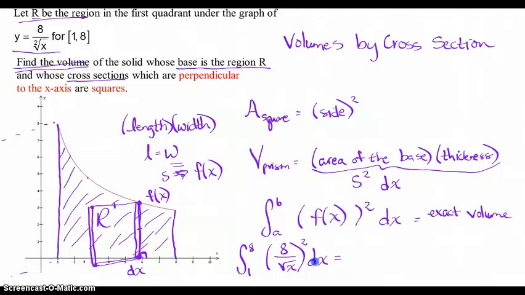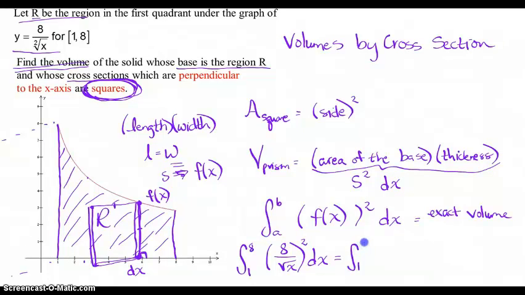As far as volumes go using the definite integral, cross-sections are the easiest ones. There's no big R's and little r's or anything like that. It's just basically finding the distance of one side of some sort of cross-sectional piece. Now, not all cross-sections are squares, so we've got to be careful. Our cross-sections can be a lot of different geometric figures.